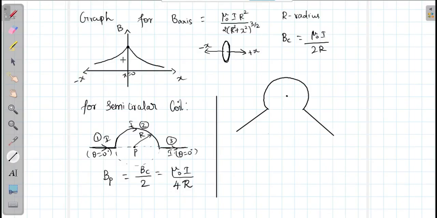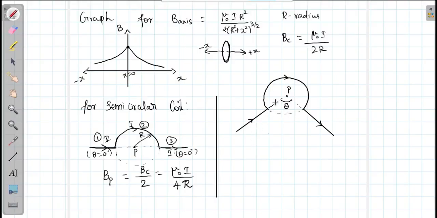Now you have current carrying wires like this. Now it is point B. What is the magnetic field due to this circular coil? But the circular coil is not fully complete. Only a portion is there, and the remaining part is missing.